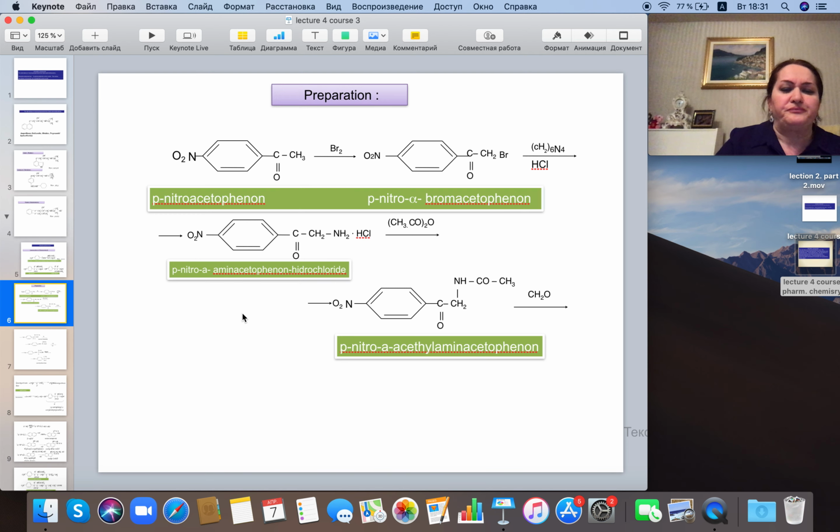When we speak about the synthesis of levomycin, we synthesize from para-nitroacetophenone.